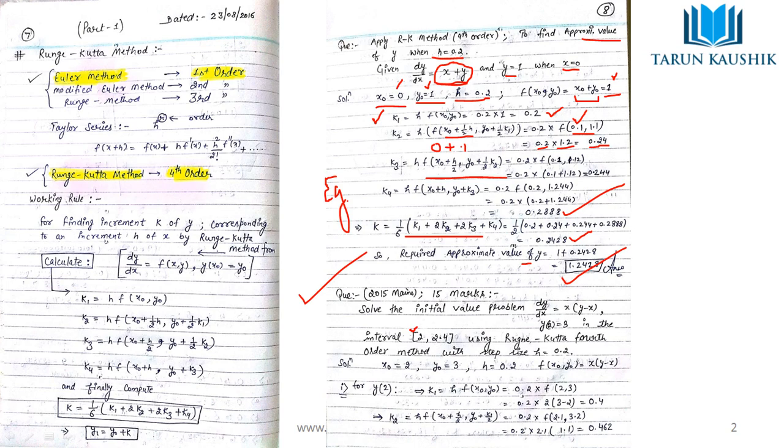Mind it, these are square brackets. There are two types of brackets: simple small brackets and square brackets. Square brackets mean you are required to include these points. For example, for [2, 2.4] you are also required to calculate the value at 2, because 2 is included and 2.4 is also included.